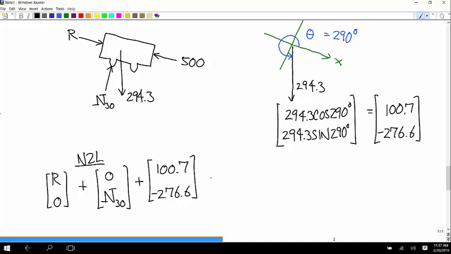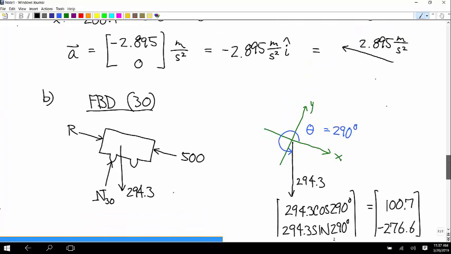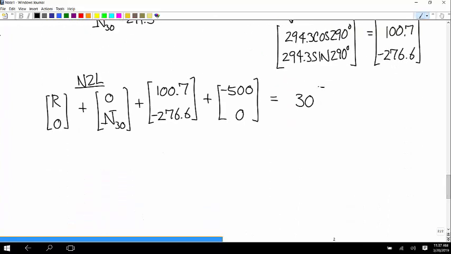And the 500? Negative 500, yep. 0, yep. And then that's equal to the mass. This time our chosen object has a mass of 30 times the acceleration vector that we just calculated in part A. So negative 2.895, 0.